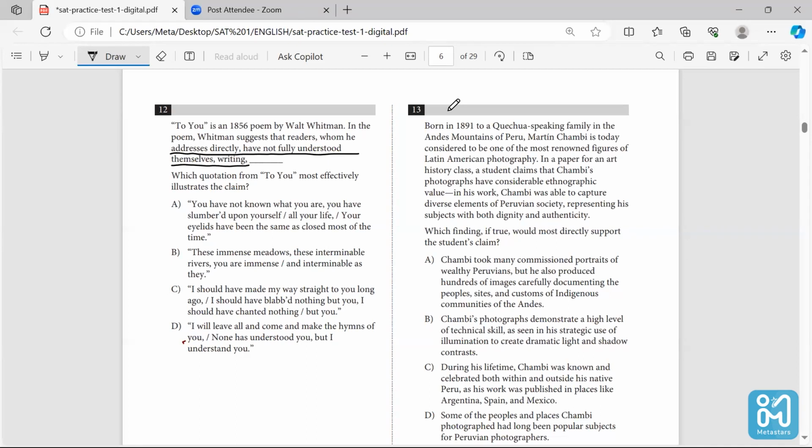This is like a question. They will ask you for finding a quotation that can be relevant to the point here. So I need a quotation that can fit in with what the poet wants to say without reading the poem. In other words, without reading the poem, we can find out what the keywords are. The keywords here are guys not understanding themselves, right?